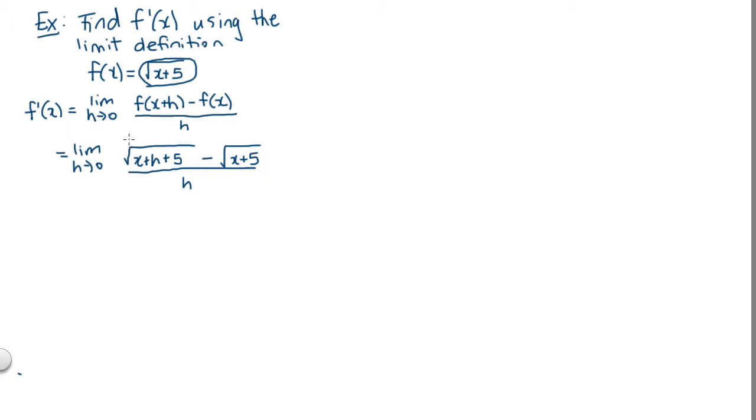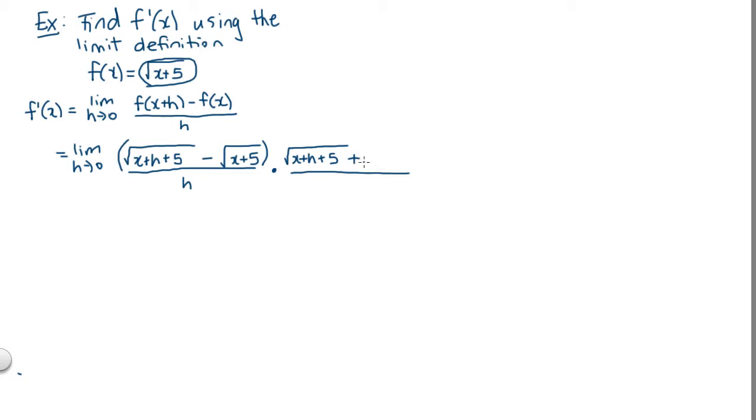Okay, so let's throw some brackets around the numerator here, and we're going to multiply top and bottom by this exact same expression that we've got in the numerator. The only difference is that the sign in the middle is going to change. So we're going to make it root x plus h plus 5, and we're going to change that sign in the middle to a plus sign.